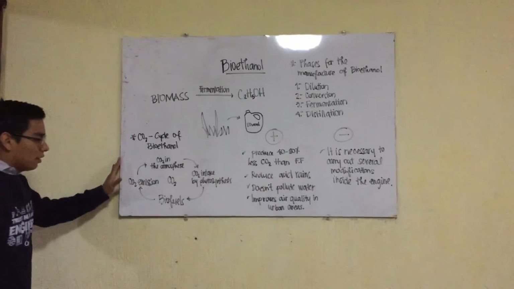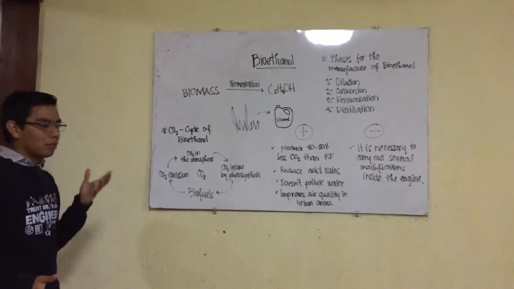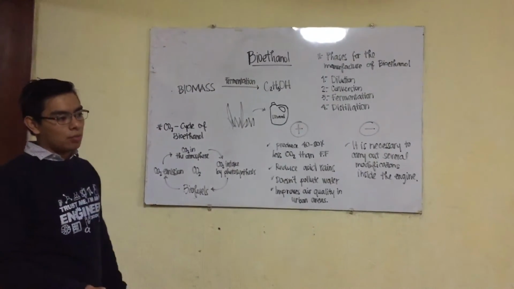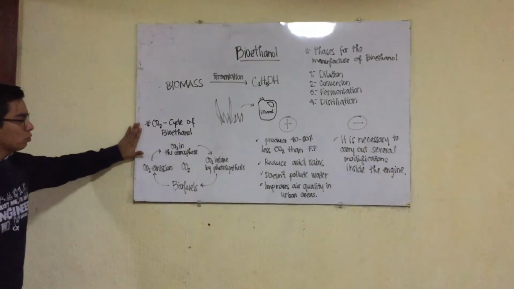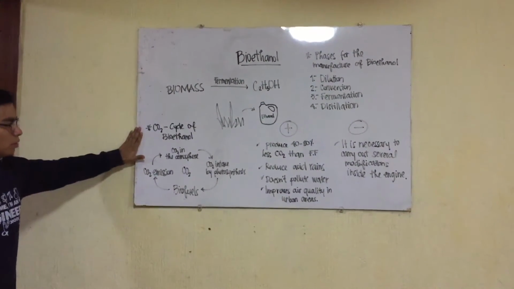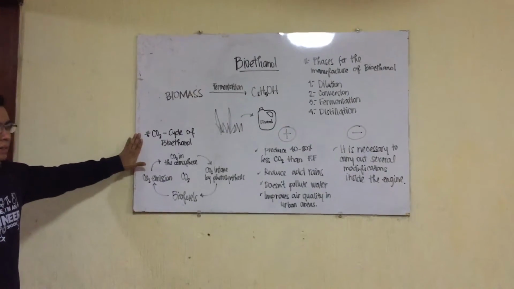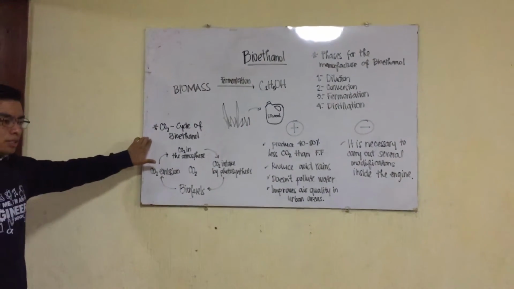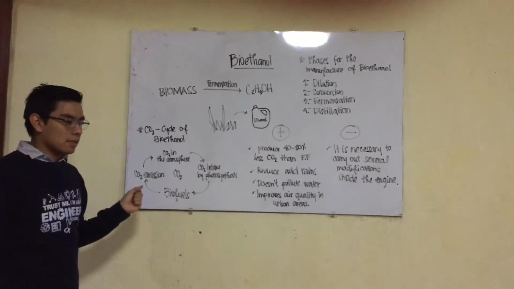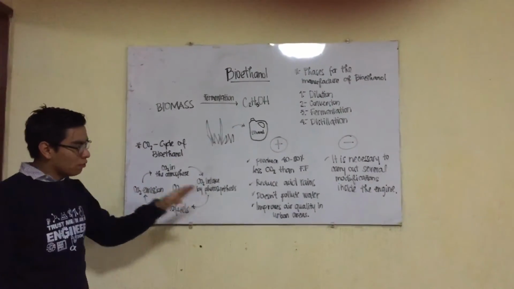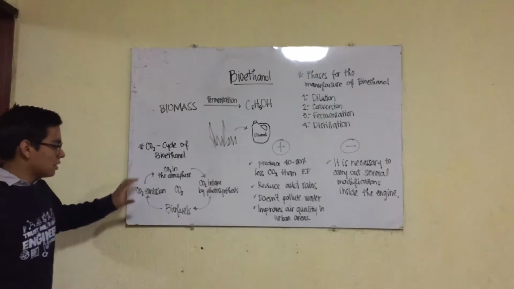Okay. And how can the greenhouse effect be reduced using bioethanol? Okay, this is the CO2 cycle using bioethanol. And this is the process to explain how the CO2 is lower than using fossil fuels.